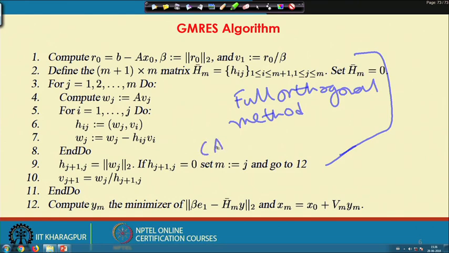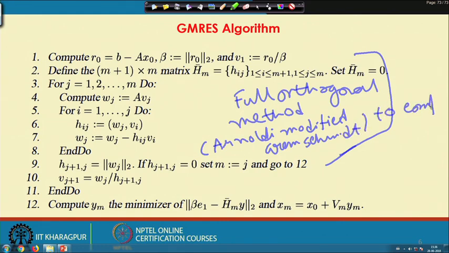It uses Arnoldi modified Gram-Schmidt to compute V m, and V m are the basis of K m. K m is the same for all the cases, it is the Krylov subspace, which is the same for any Krylov subspace method, full orthogonal method, Arnoldi, CG.